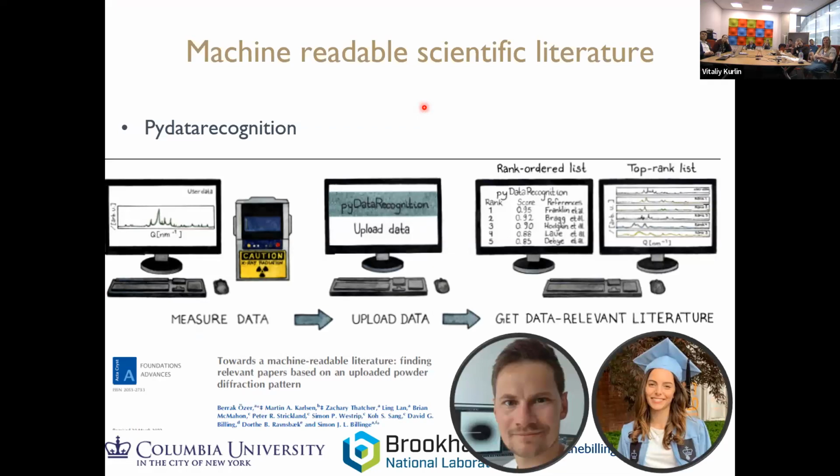And I couldn't resist putting this in. So this is machine readable scientific literature, which is a collaboration with Nicola and people at ICR. And basically the problem is there are too many papers. We don't have time to read them. And so what we do is we spend time writing them, and then we publish them, and then we think, oh, I don't have time to read this, so I'll make a machine that can read this paper.